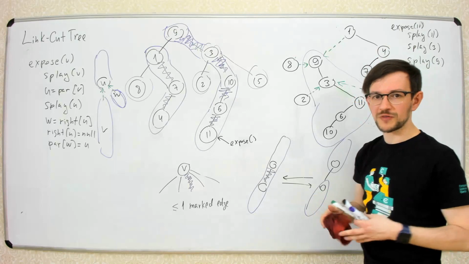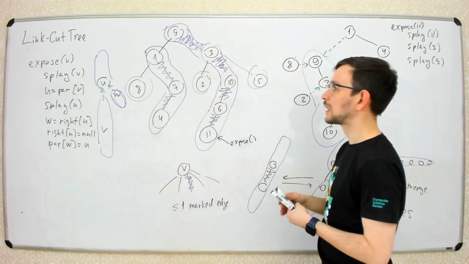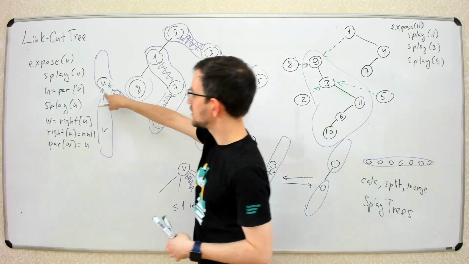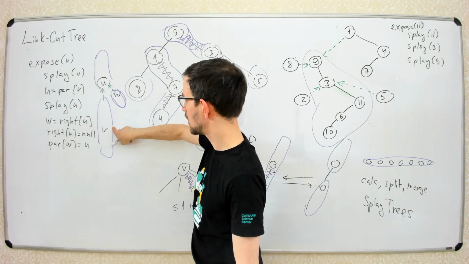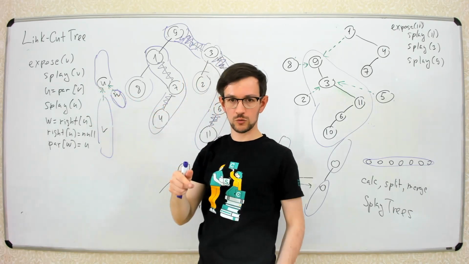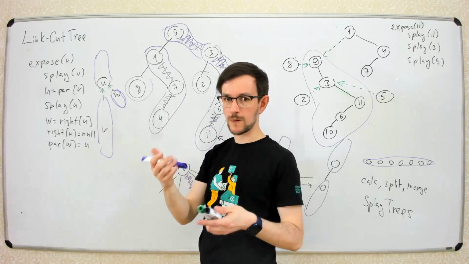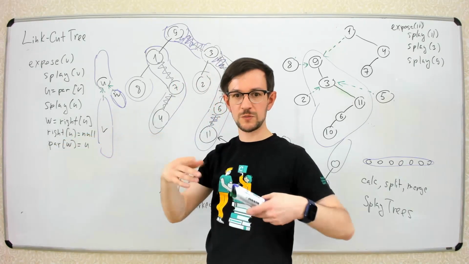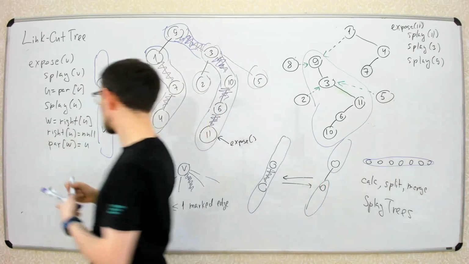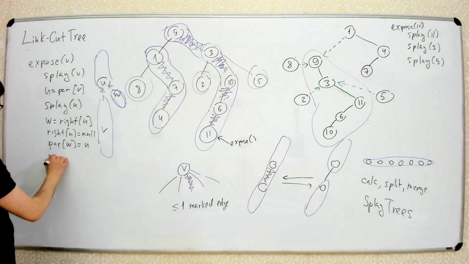Now you simply have both paths connected to U using these parent links. And now you make this edge marked by simply connecting your splay tree of node V to the splay tree of node U. You simply need to connect it as a right branch. You know that there is no right branch right now, so you simply connect it as a new right branch. You may simplify this, but I will not.